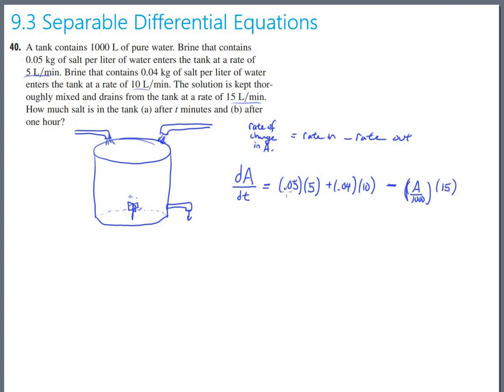So notice each one of these is kilograms per liter times liters per minute, including this one. We've got A kilograms in the tank. That's what A is designed to describe. A divided by 1,000, so that's per liter, and then 15 liters. Okay, so let's see if we can go ahead and set this up and crunch it out.